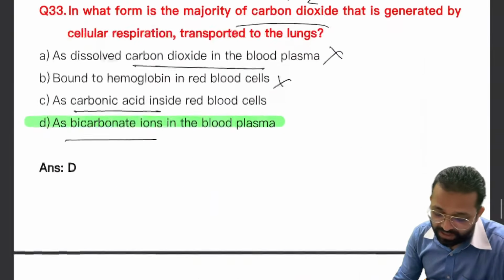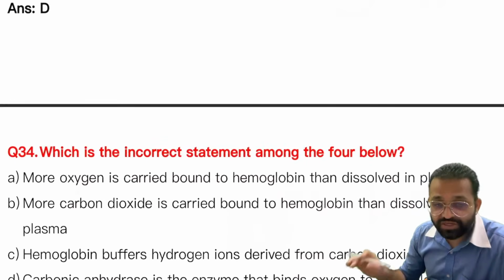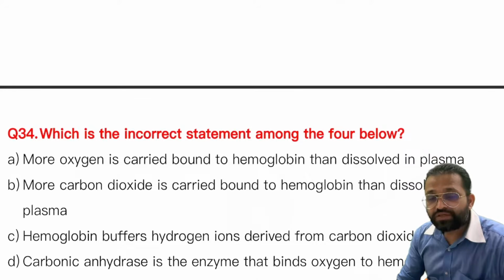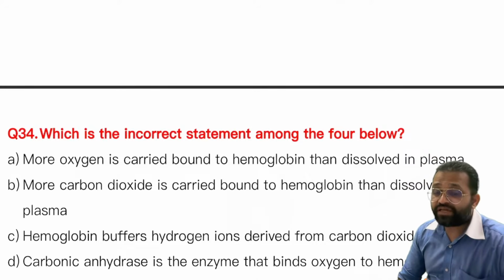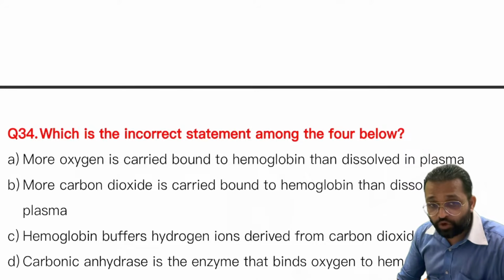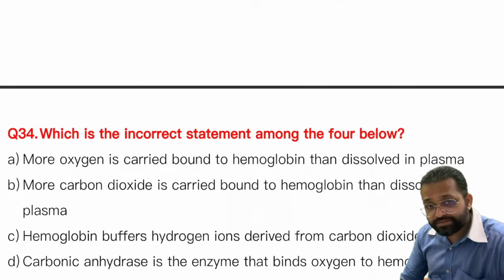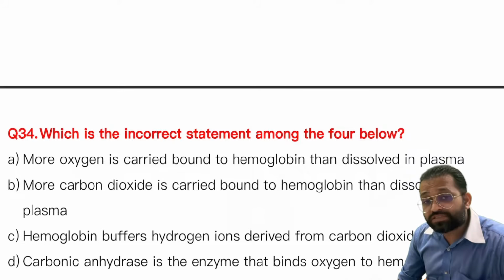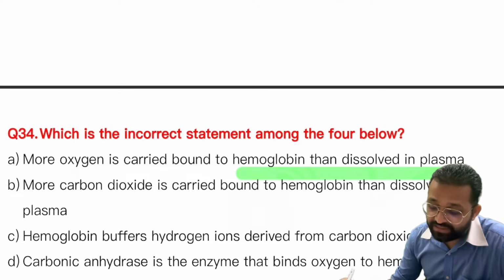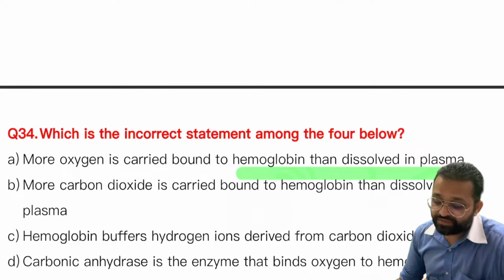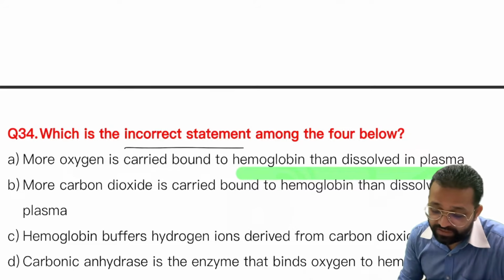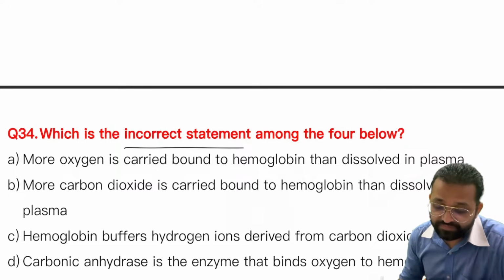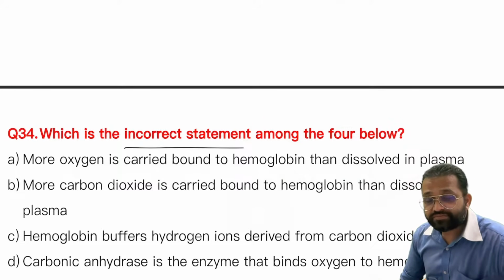Okay, sir. Now come to question number 34. Which is the incorrect statement among the four below? Now, what is your answer? More oxygen is carried bound to hemoglobin than dissolved in the plasma, which is correct. We have to look for the incorrect.